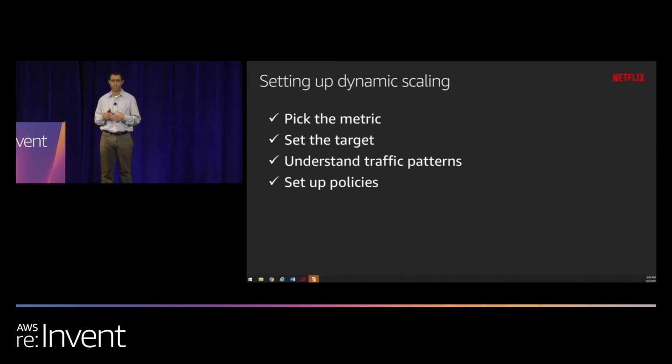And lastly, it's time to set up policies. So let's go over these 4 steps in more detail. I also wanted to call out that the examples are mostly based on our mid-tier services. However, the concepts that we're discussing are applicable to a wide range of services, to batch services, and to edge services as well.